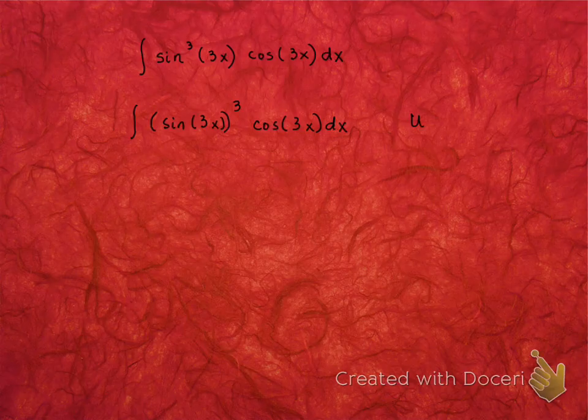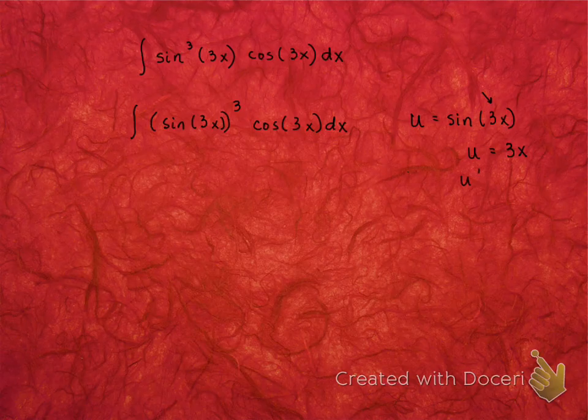So u is equal to sine 3x. Now we need the derivative of that with respect to x. But remember, if that 3x is not a plain old ordinary, everyday, boring old x, then that is also a u. So we've got a u within a u here. So let's move our du dx down a little bit, and we'll go to a secondary u, which is 3x.